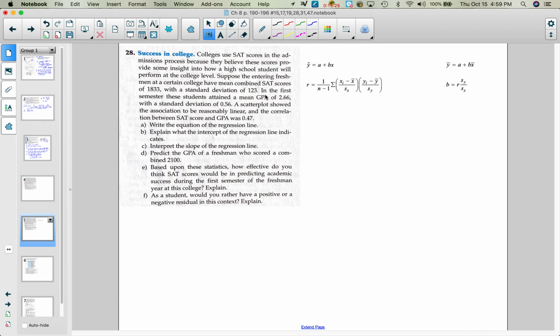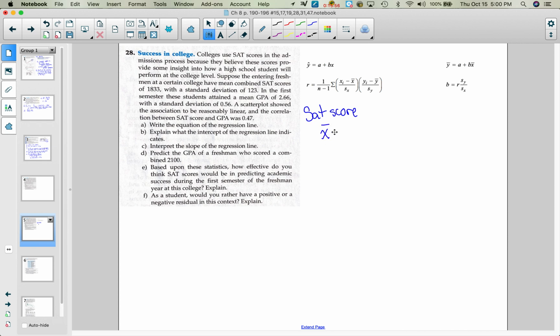How do you know what you should use for explanatory and response? Well, what do they say they're trying to do? They believe that SAT scores provide insight into how a student will perform at the college level. So notice down in Part D, we're predicting the GPA based on the score. So the SAT scores are what we're going to use for X, because those are explanatory.